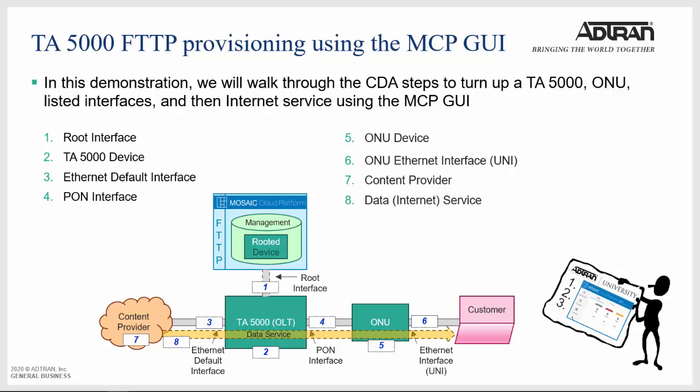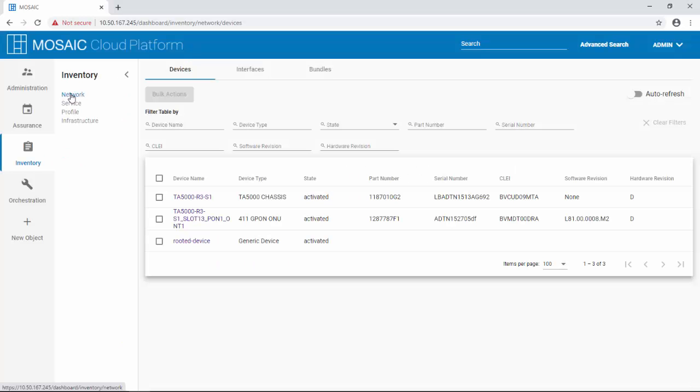Let's take a look at the inventory of our new objects. From the Inventory Network Devices screen, we see the new device objects we created, which include the TA5000 and the ONT. Besides the name and device type, you can see the current state and software revision.